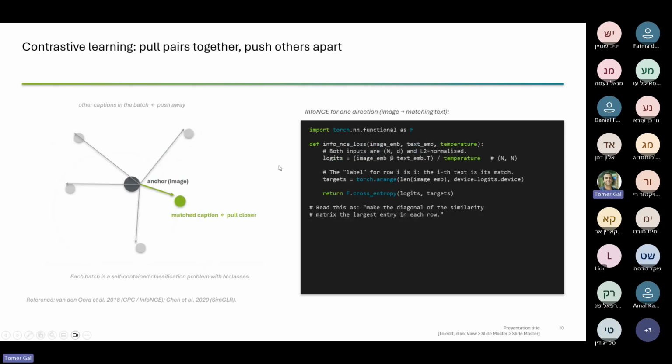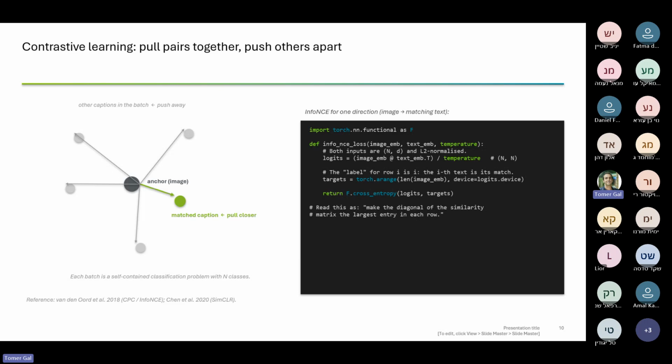Okay, now the contrastive learning, this is the second part there. So the picture on the left is the high-level intuition. So you have an anchor. Let's say the anchor is an image. And you want to bring the matched caption closer in the embedding space. Okay, so whichever embedding you have for the image, you have the caption, you want to bring both of them to be similar.